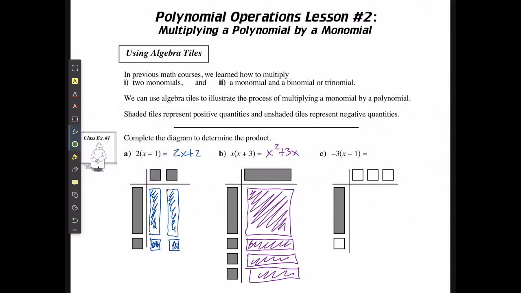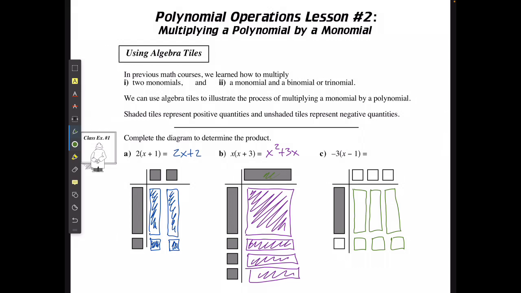For the last example, I can make the shapes based on what I'm multiplying, but then I also need to account for whether it's going to be positive or negative. A white one multiplied by a shaded one is always going to make a white one as a result.